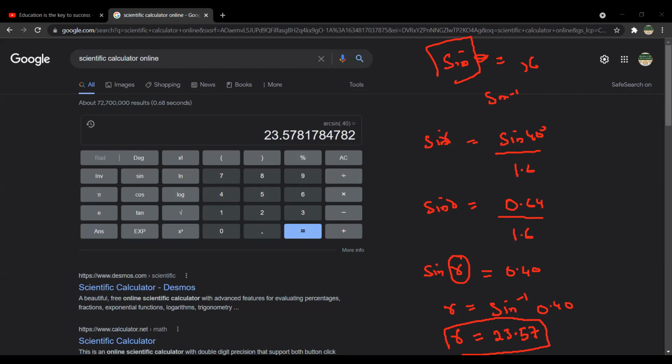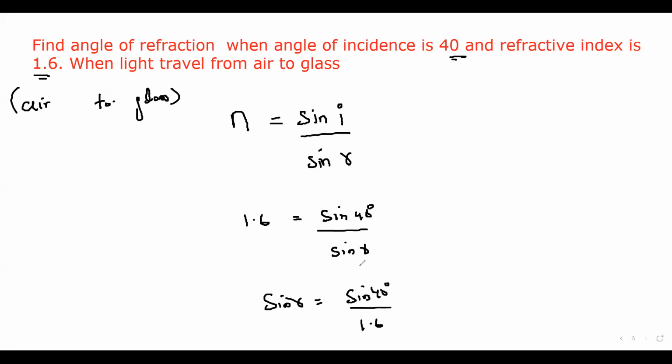So whenever you're finding the angle, at the last you have to take the sine inverse, because sine is on one side. When it moves to the other side, it will become inverse. So sine r is equal to sine 60 divided by 1.6. That was 0.4. So sine r is 0.4.